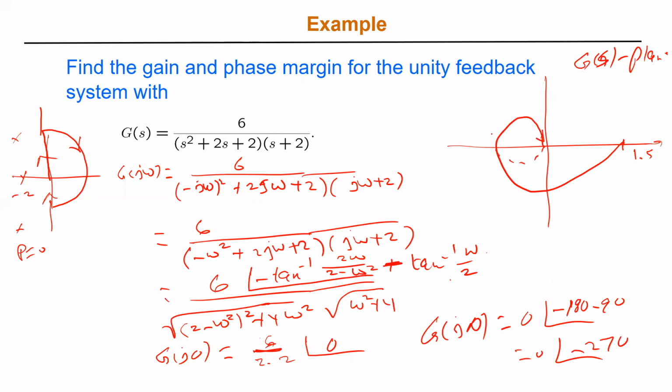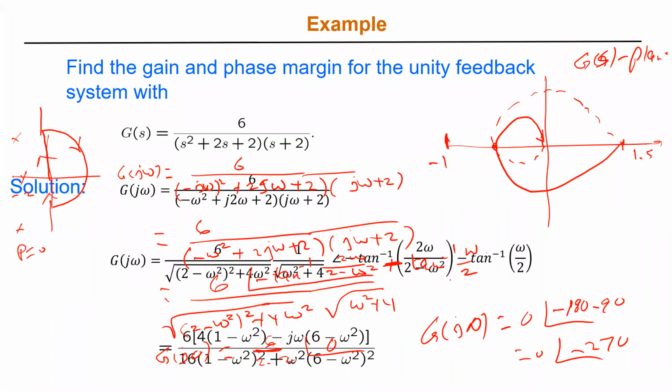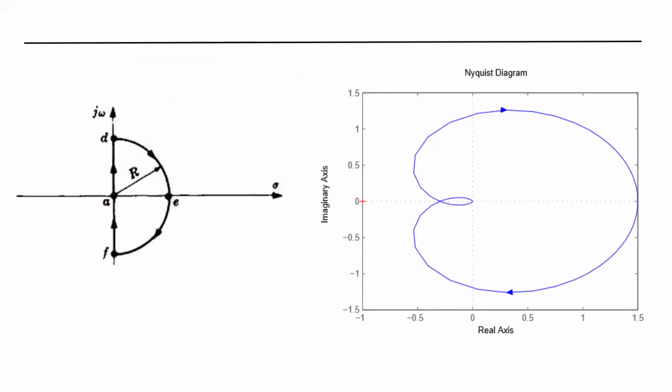Assume this is the minus 1. Now I would like to obtain this point to determine the gain margin, the phase margin and the stability of the system. This is the neatest plot, made using MATLAB.